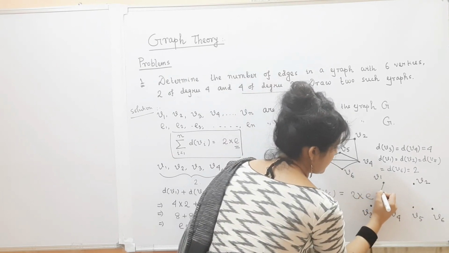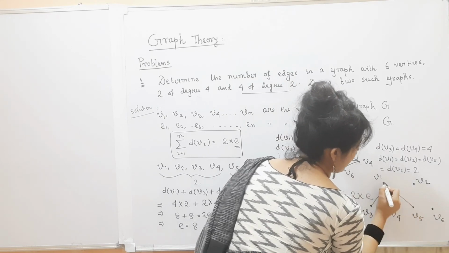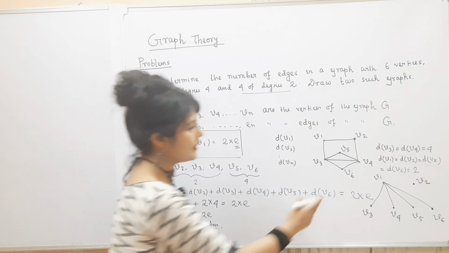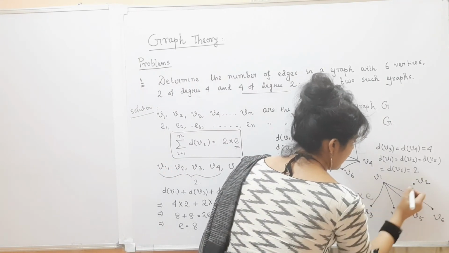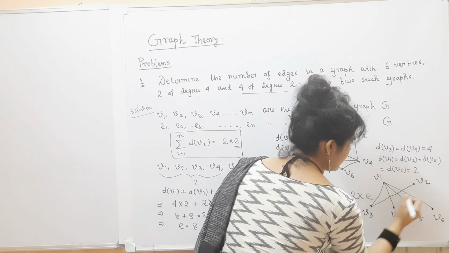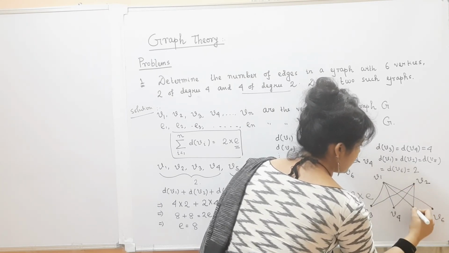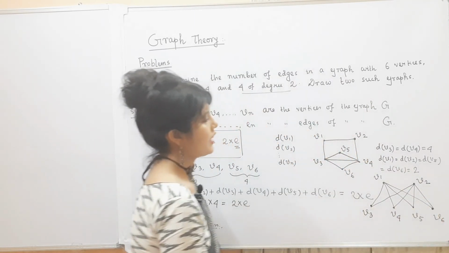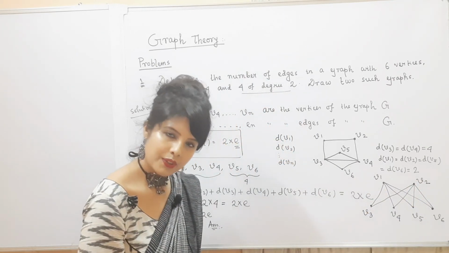So V1 should be associated with V3, V4, V5, V6, and then the degree of V1 is 4. Similarly, if you connect V2 to V3, V4, V5, V6, the degree of V2 is again 4.